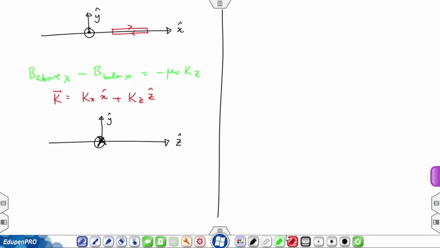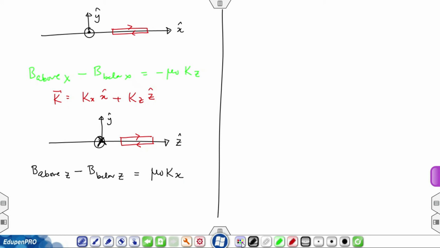And again I can take that loop, do my integration, and go through the entire process, and what I am going to get is B above z component minus B below z component is going to be equal to mu naught k x. I can now combine the two and write it very nicely.